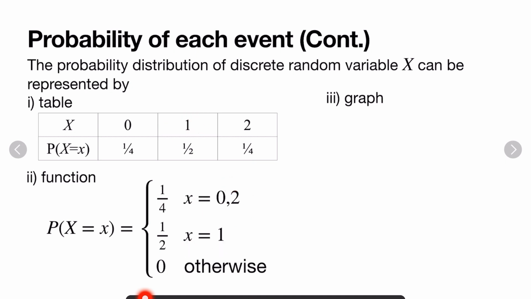So x equals 1, the probability is 1/2. What does this mean? What does 0 otherwise mean?